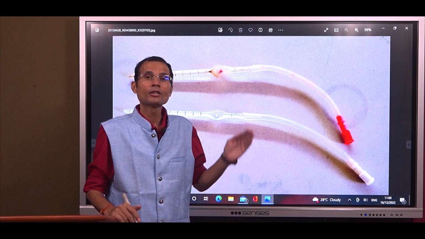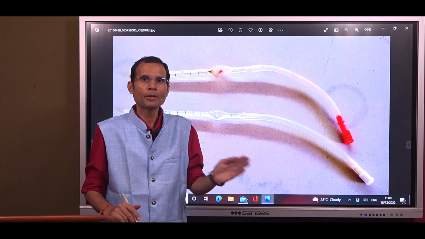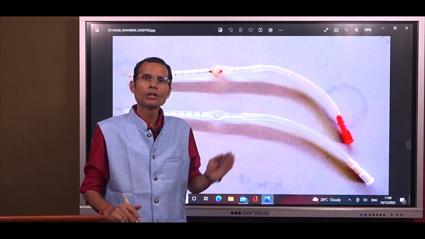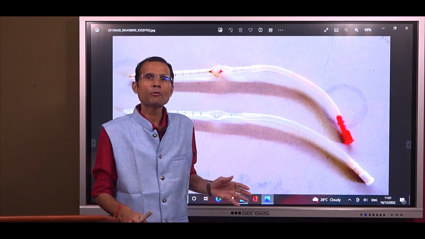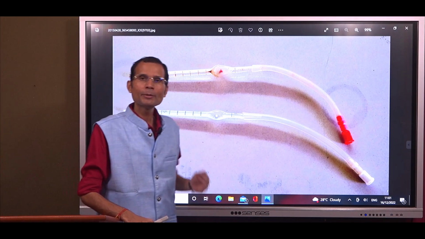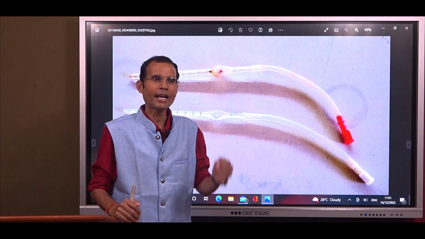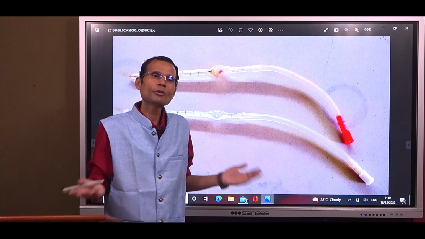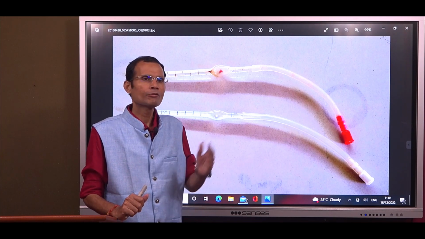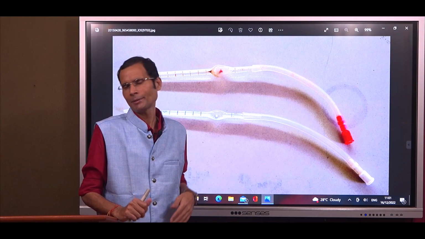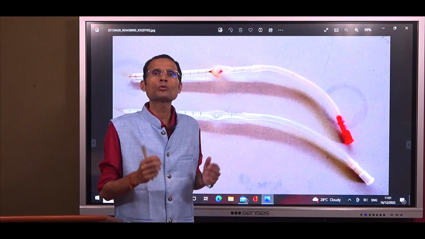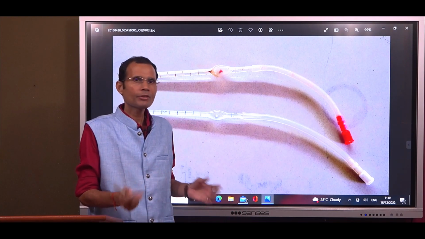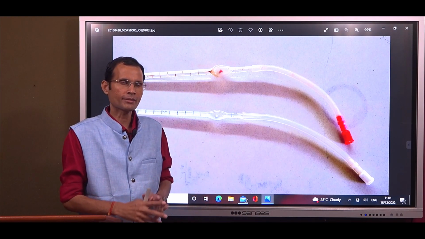RBC count is 5 to 6 million cells per cubic millimeter of blood. See the number, see the difference. And therefore, in the case of WBC count, a lesser dilution of blood would be acceptable. 4 to 11,000 per cubic millimeter of blood. So we can just dilute the blood 20 times and we will be able to count the cells, WBCs.